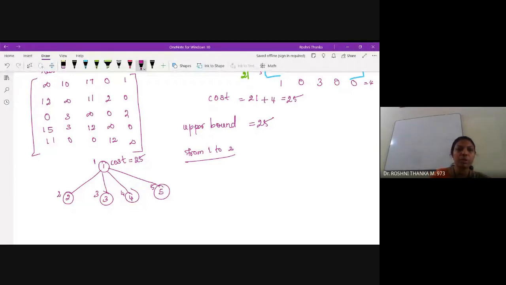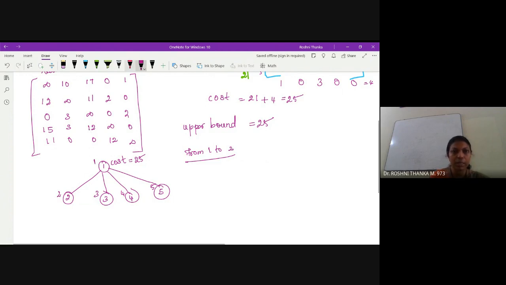How we are going to update this matrix is, when I go from 1 to 2, the row number 1 and the column number 2 should be converted to infinity. Again I say, when I move from 1 to 2, the row number 1 and the column number 2 should be updated with infinity in this matrix, which is the input. So how does it convert?